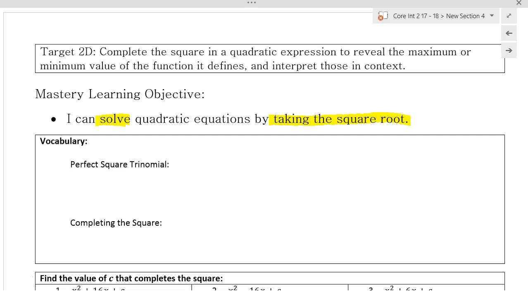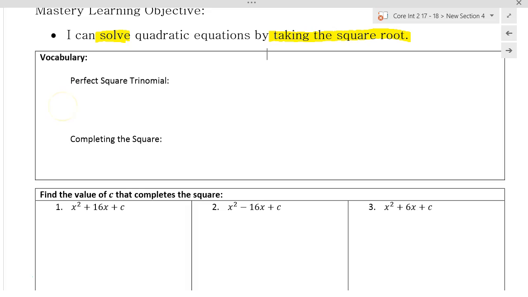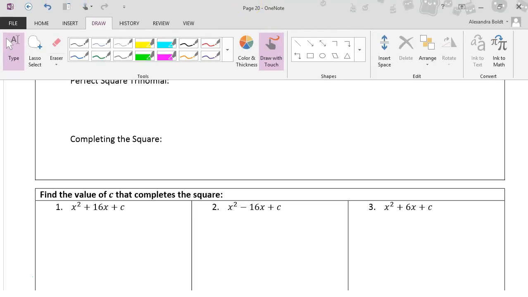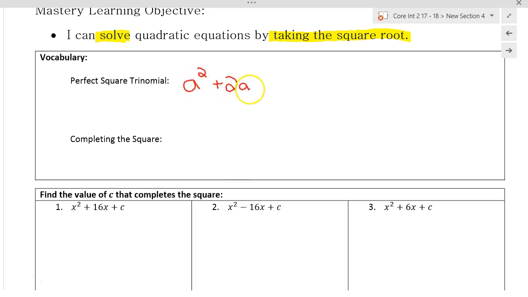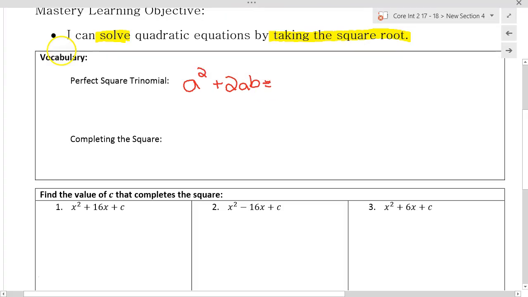Looking at some of our vocabulary, our two main vocabulary words are perfect square trinomial and completing the square. A perfect square trinomial is a trinomial, 3 terms, of the form a squared plus 2ab plus b squared. Sorry, plus, not equals.